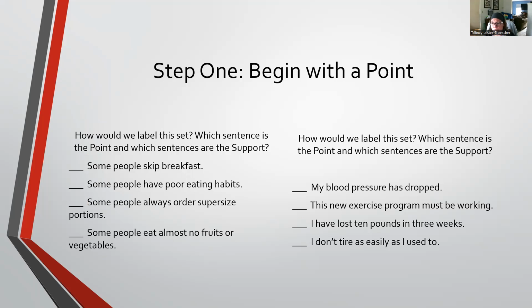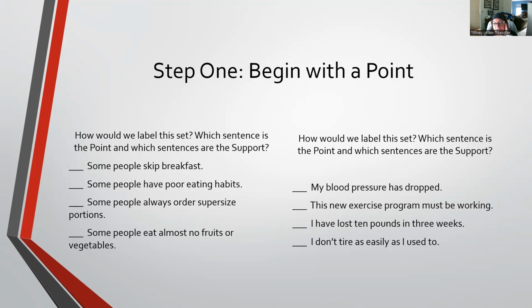This new exercise program must be working. Oh, okay, well now, blood pressure and exercise, now I'm kind of getting a better idea of why it's a good thing that blood pressure has dropped. Okay, I've lost 10 pounds in 3 weeks. That's pretty good. I don't tire as easily as I used to. Also good.